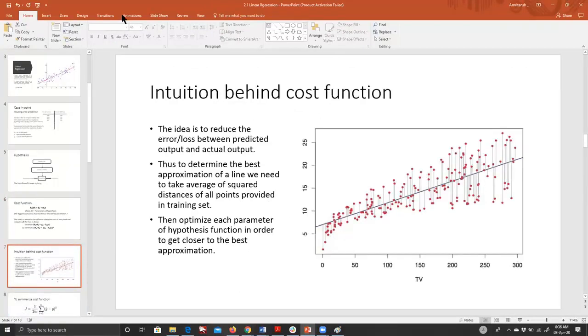Let me ask you this question. What I will do is start from, let's say, here. As I keep moving, you can see the line that I'm moving here.